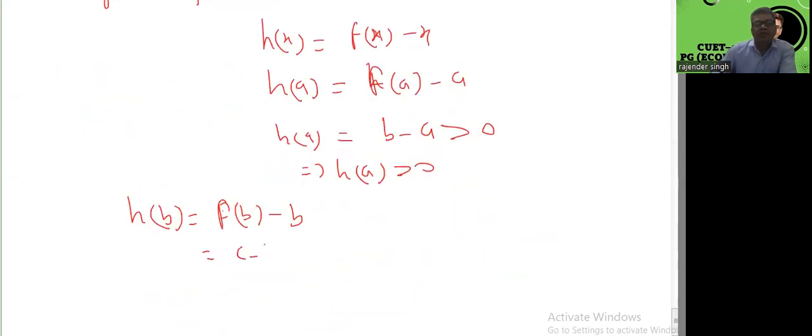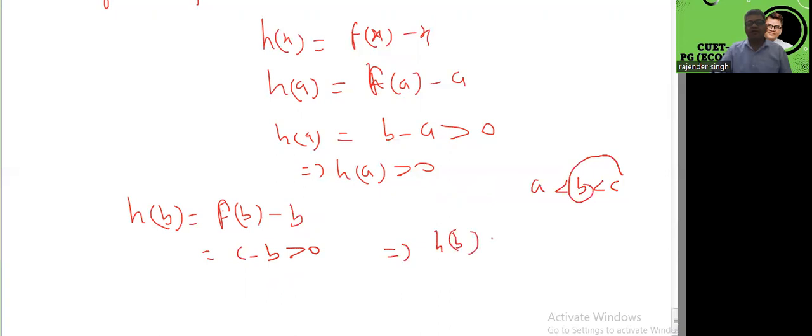So that is c minus b. Wait, a is less than b, b is less than c, right? Because c is more than b, that means c minus b will be a positive number, right? So this implies h of b is greater than 0.